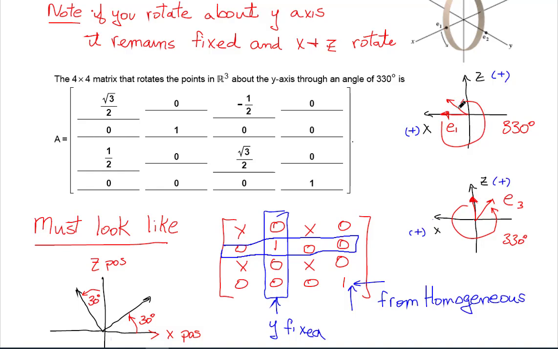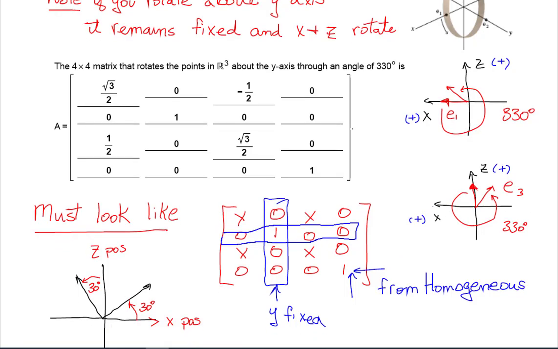330 degrees. All right, so similarly, if I do that in this picture, what I'm trying to show you is where did E1 and E3 go? So relative to the positive x, positive z, it's really looking like 30 degrees.